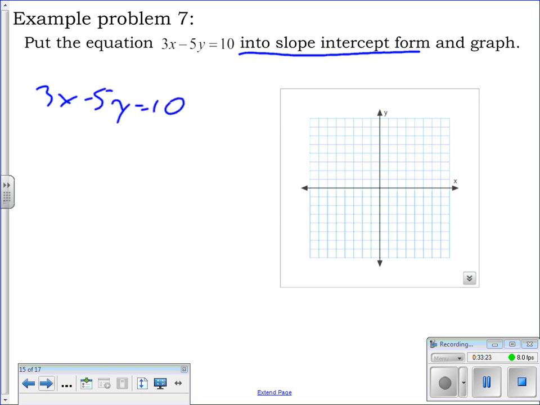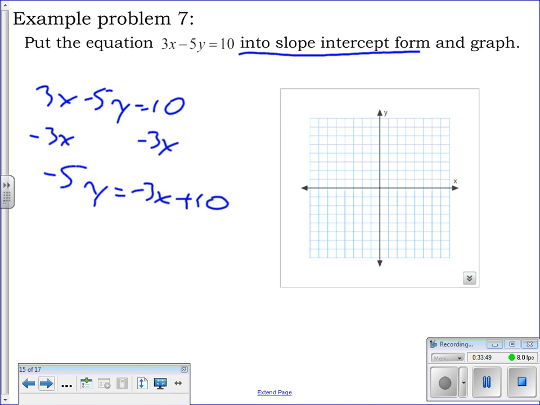To put it in slope-intercept form, I need y equals mx plus b. Solve for y. We actually did this as well on Thursday. First step, move my x's. Get out the truck, move your x. It's interesting, my board's starting to go.